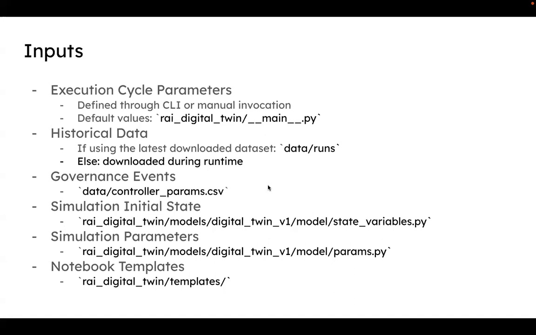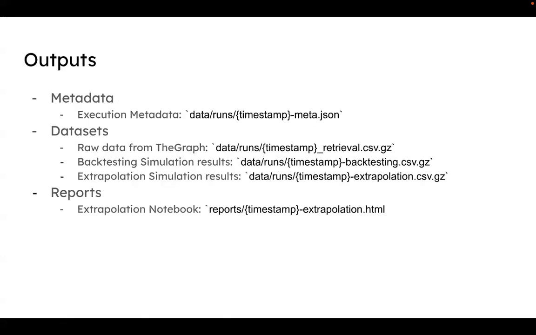And also, most of you probably already know cadCAD at least at a glance. As you know, cadCAD has an initial state that needs to be used, and also some simulation parameters, and they are on those paths here. And the last source of input that you could use for controlling the execution is really the notebook templates. We are going to go over a bit how it works. So those are the 6 inputs.